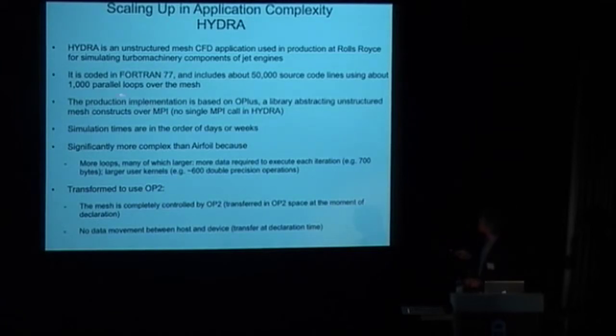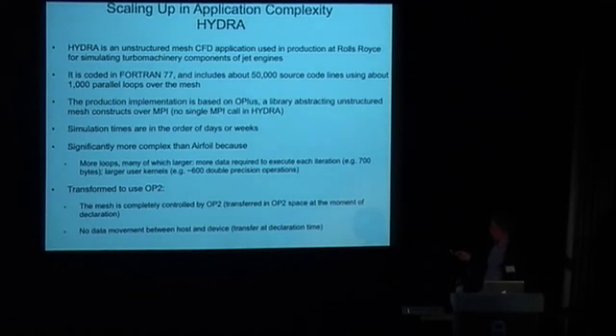It's got 1K parallel loops over the mesh. Actually, I must tell you that whenever running on a GPU, we are considering the 33 loops inside the time step. So I will not consider all the 1,000 loops.